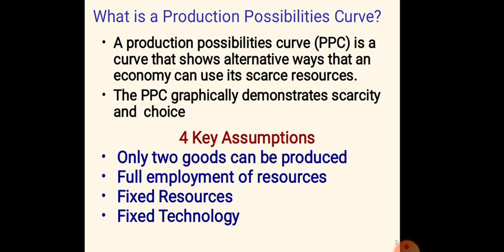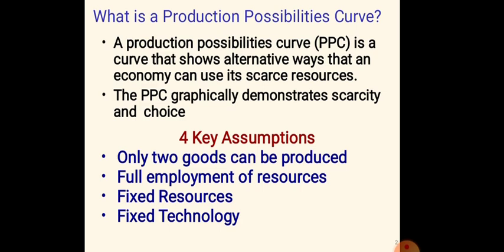Our first assumption is, as it is a graphical representation, it can depict only two goods at a time. One good is measured on the x-axis and another good on the y-axis. Our second assumption is that it assumes resources as constant.